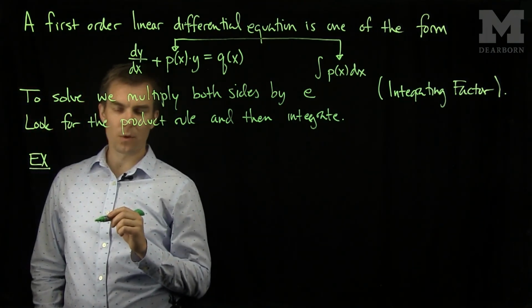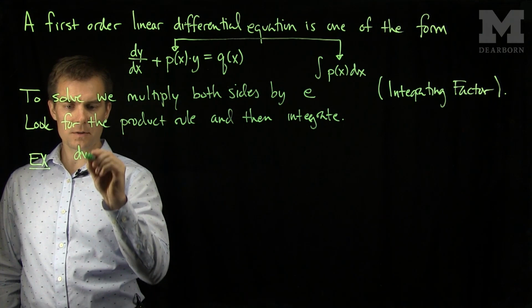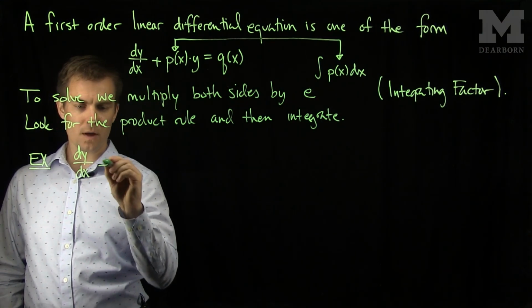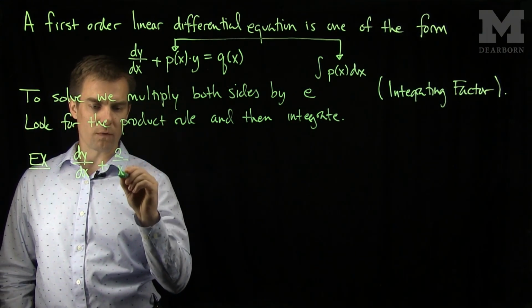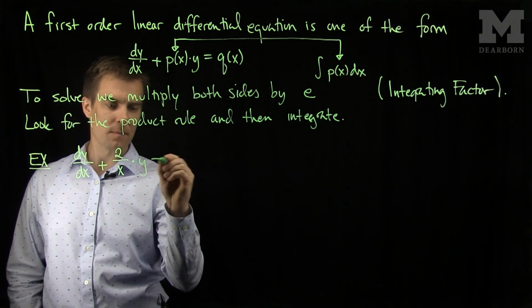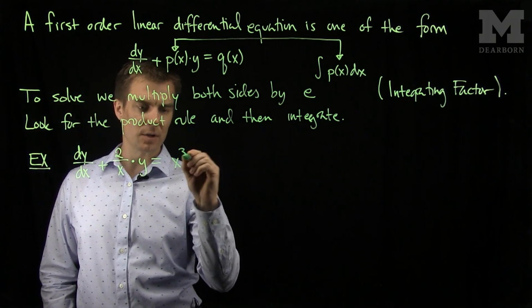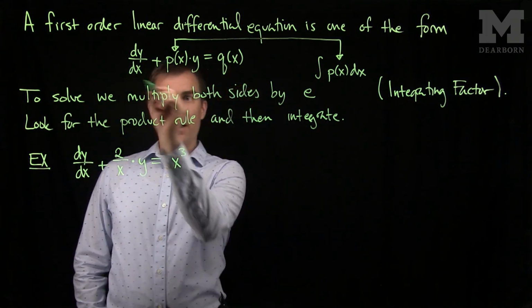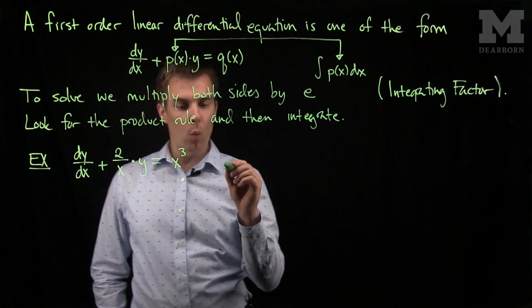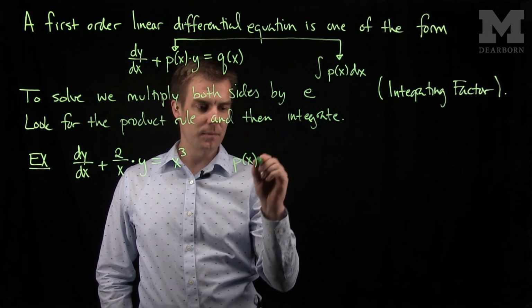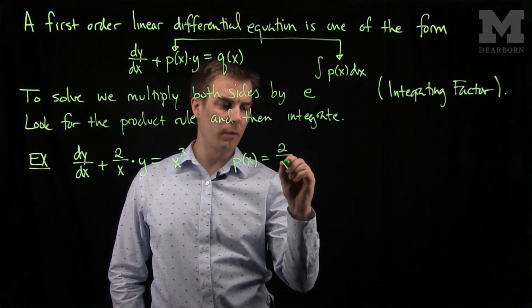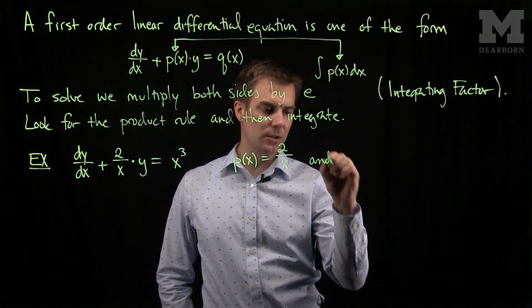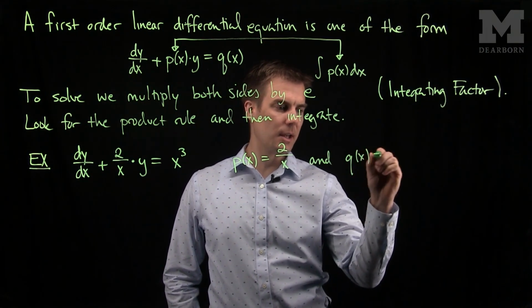Let's consider the following differential equation. dy/dx plus 2 over x times y equals x cubed. Our equation matches the form given above, where p of x is 2 over x and q of x is x cubed.